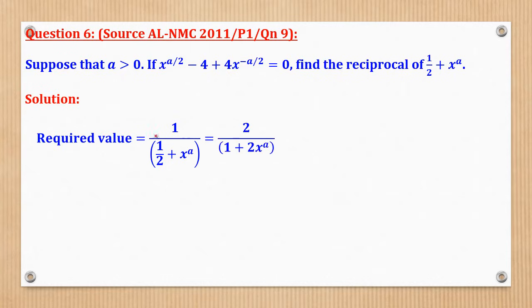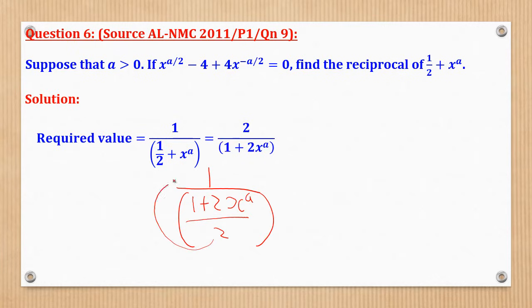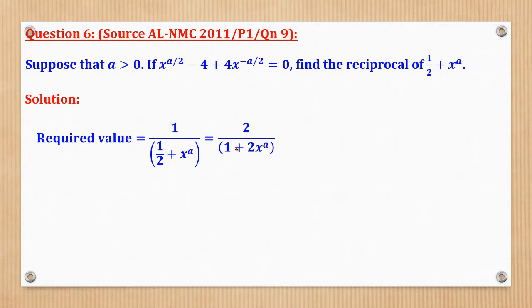So the required value, this reciprocal, means 1 over this. So get the LCM. LCM will be 2, so it will be 1 over, in brackets, (1 plus 2x power a) over 2, then these two can come up. That's why you're seeing here 2 over 1 plus 2x power a.